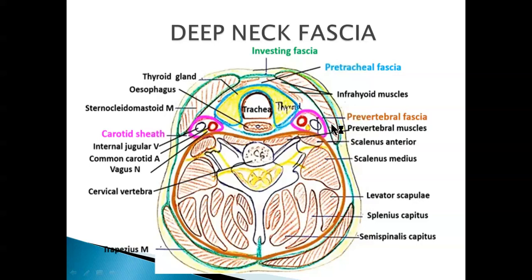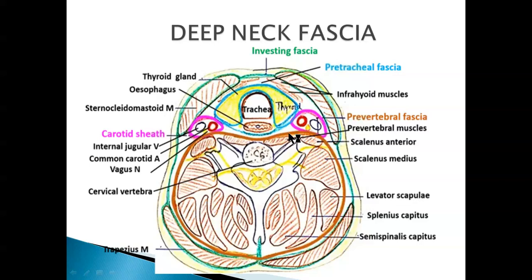The rest are all condensations of any one of these: either investing, pretracheal, or prevertebral fascia. They get united, they get condensed, and hence they are given names as subdivisions. So prevertebral fascia we can see over here in the brown one.